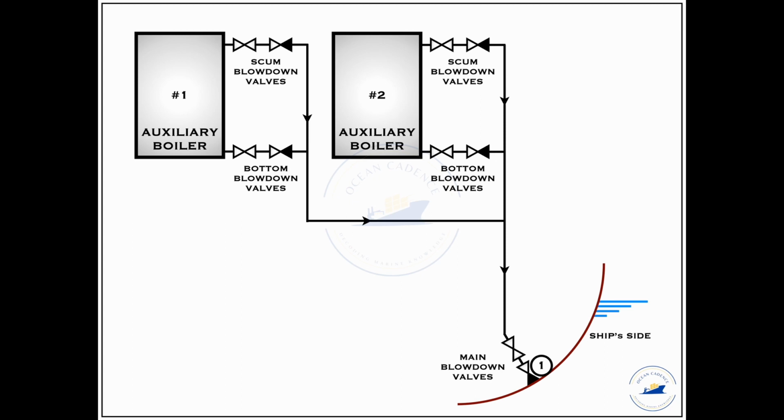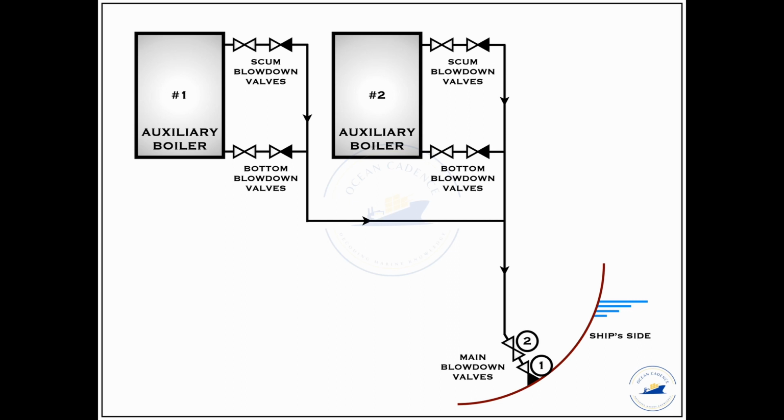That means it will in any condition not allow water to come back from the outside, that is from the sea side, into the ship side, therefore making sure that the blowdown is always carried out in a positive manner. The second valve can be a non-return valve or it can be a normal valve if the first valve is a non-return valve. Similarly, on both the bottom and the scum blowdown sides, at least one valve would always be a non-return valve. By doing so, we make sure that the blowdown is always carried out in a positive manner.